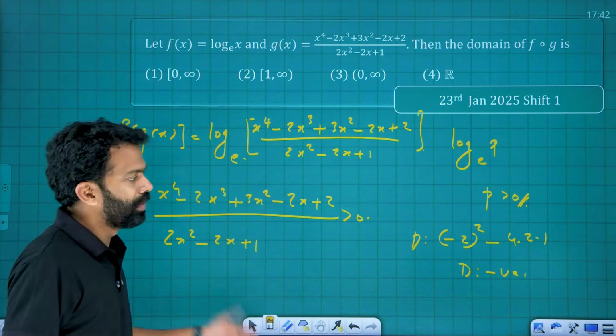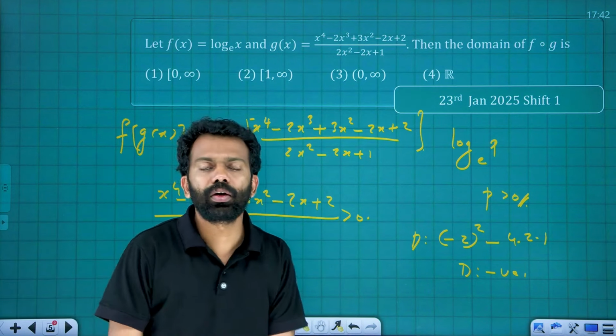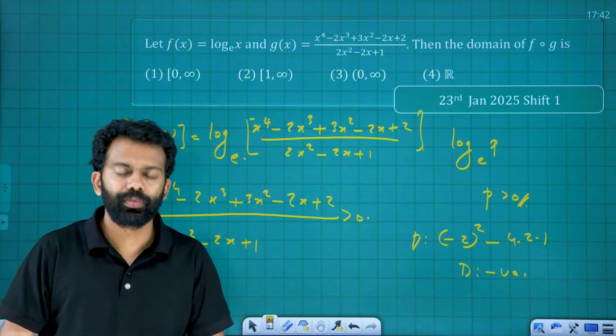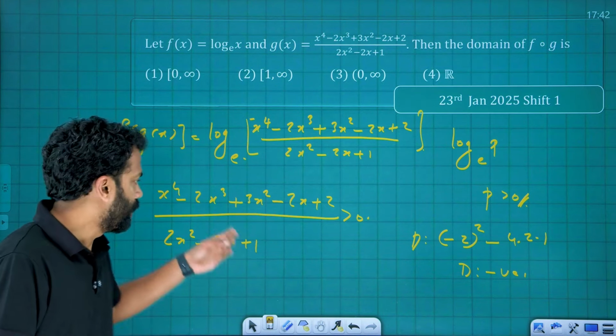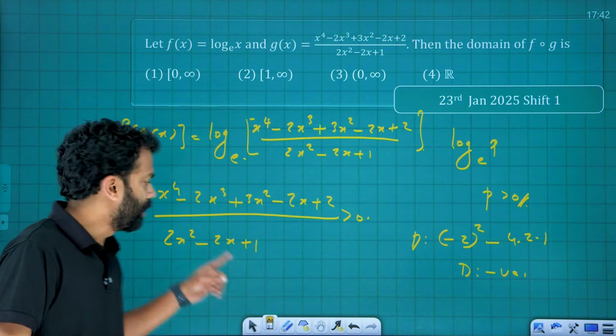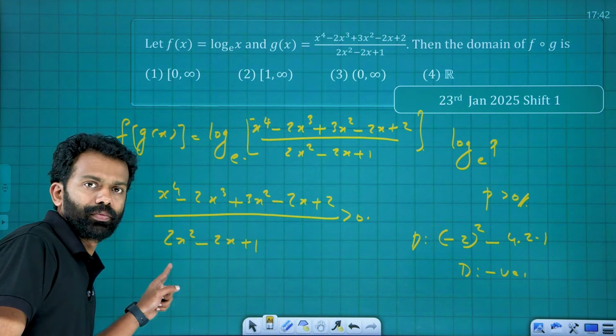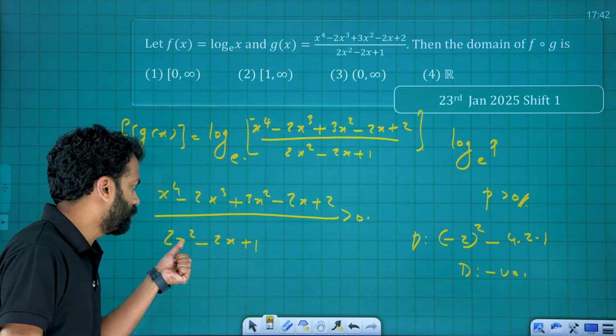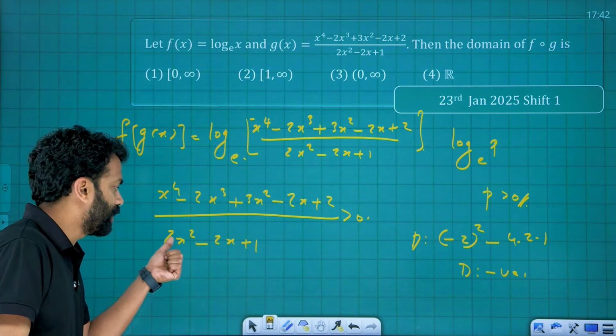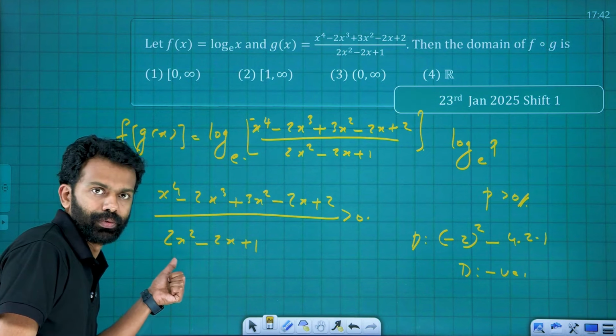Another thing: if the discriminant of a quadratic equation is negative, then for whatever value of the variable, the quadratic will have the same sign as the coefficient of x square, the coefficient of the second degree variable. Here the sign of that coefficient is positive.